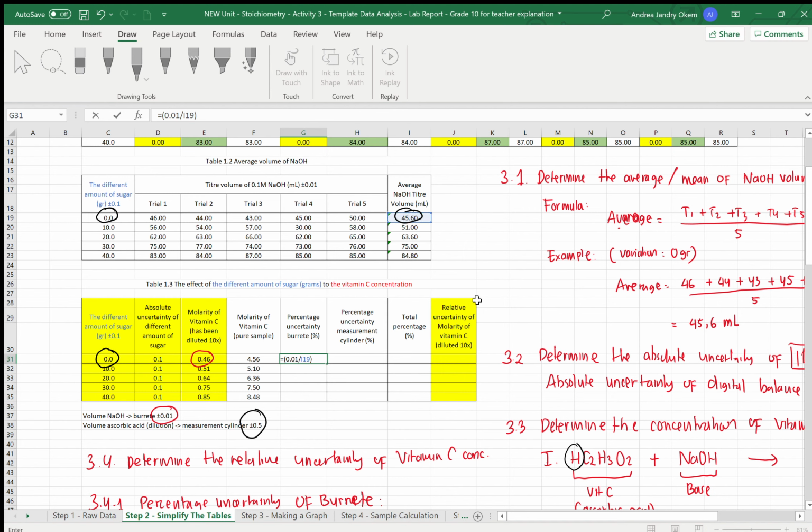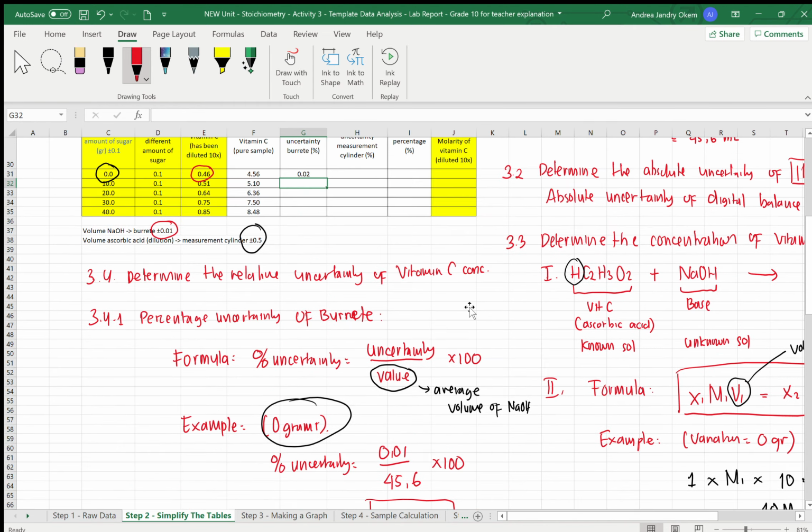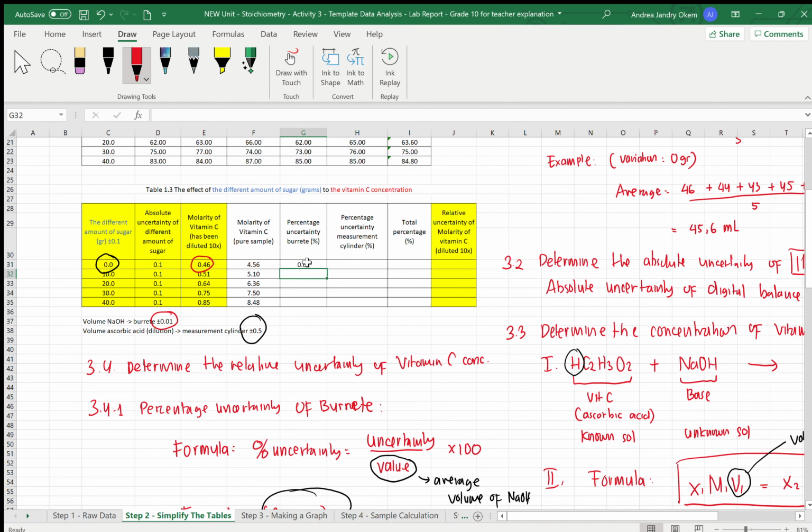Don't forget we need to multiply by 100 and then enter. So you get 0.02. That's the same answer. 0.02 percentage. After that we can just drag to the bottom by finding the black plus sign, and then we can get all the percentage uncertainty of the Buret.